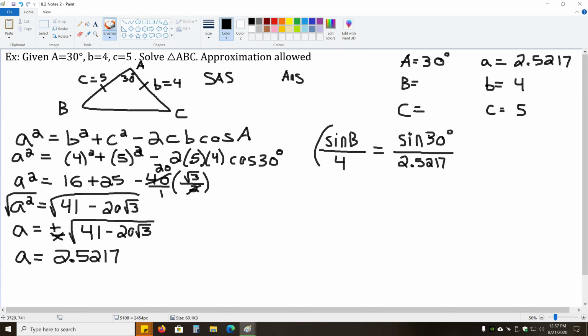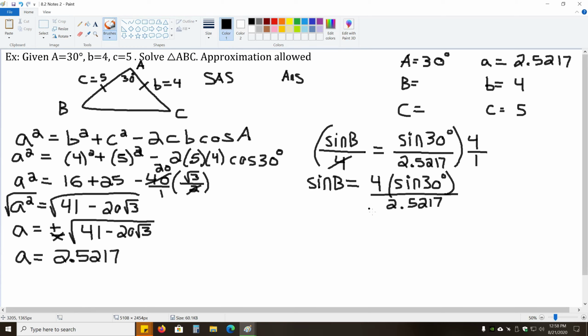We'll multiply each side by 4, or 4 over 1 since we're dealing with fractions. When we do that, this 4 will cancel out on the left, leaving us with sine of B equals 4 times sine of 30 over 2.5217.